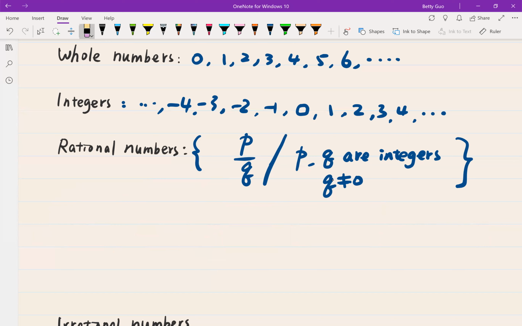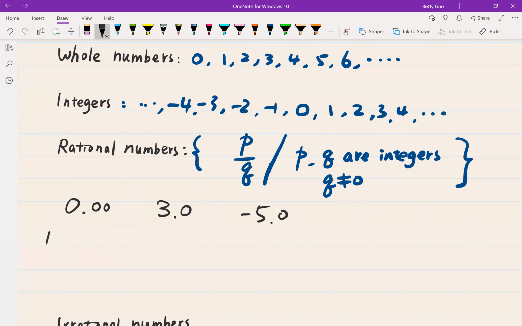All the rational numbers, which can be written as a quotient of integers, can also be written as a decimal. For example, you can write 0 as 0.0, right? You can write 3 as 3.0. You can write negative 5 as negative 5.0. You can write 1/4.